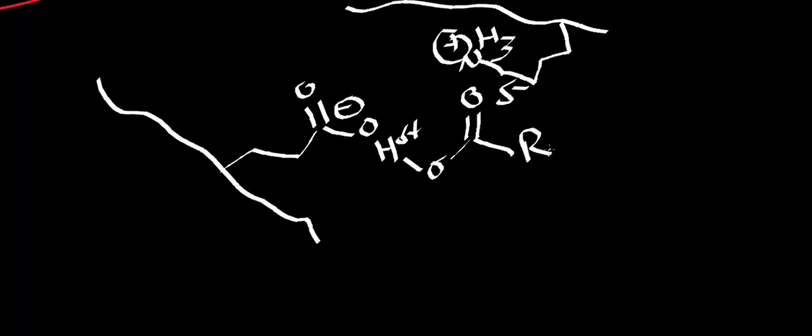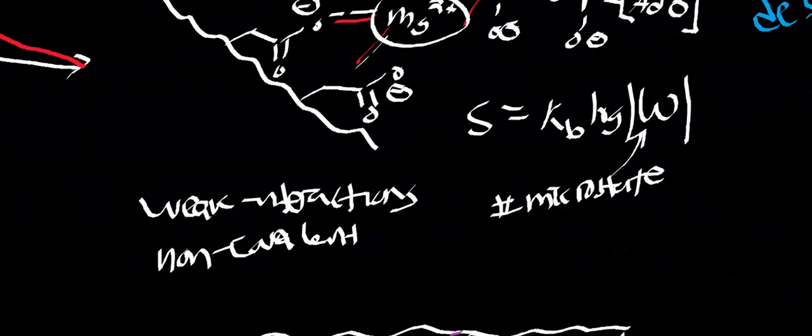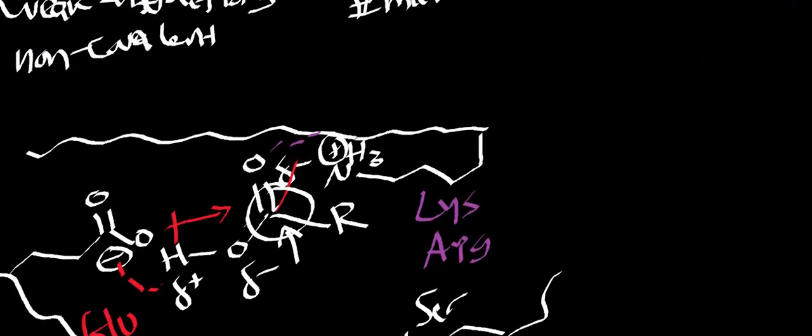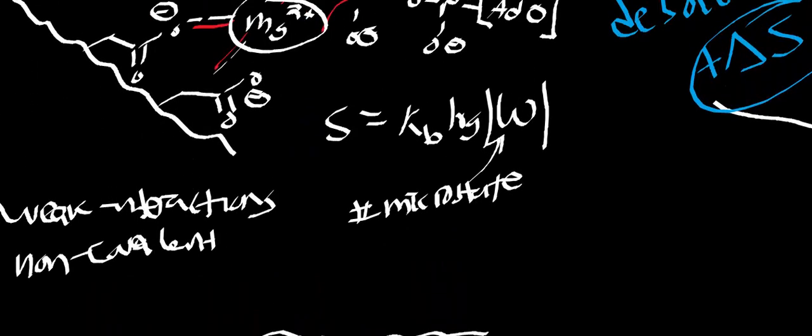Now, remember what happens anytime you bind something in the active site. There's a change in conformation. If we go back and look at our picture, just notice there's too much distance between the serine and the carboxylic acid derivative, so no nucleophilic attack is going to occur.